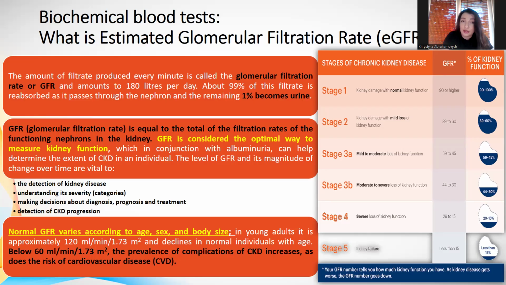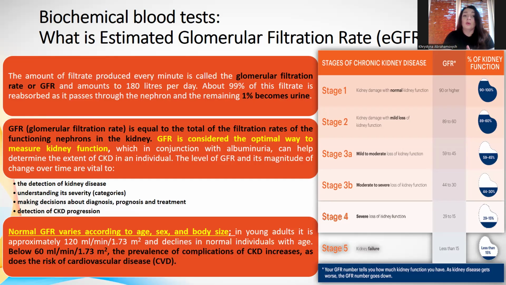So glomerular filtration rate is equal to the total of the filtration rates of the functioning nephrons in the kidneys. Glomerular filtration rate is considered the optimal way to measure kidney function. And on the right of the slide, I show you the stages of chronic kidney disease, and this classification is based on the glomerular filtration rate numbers.